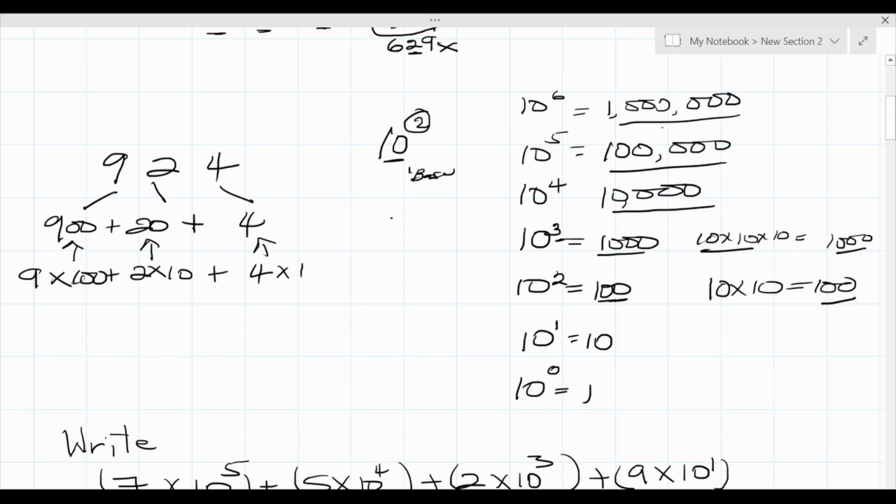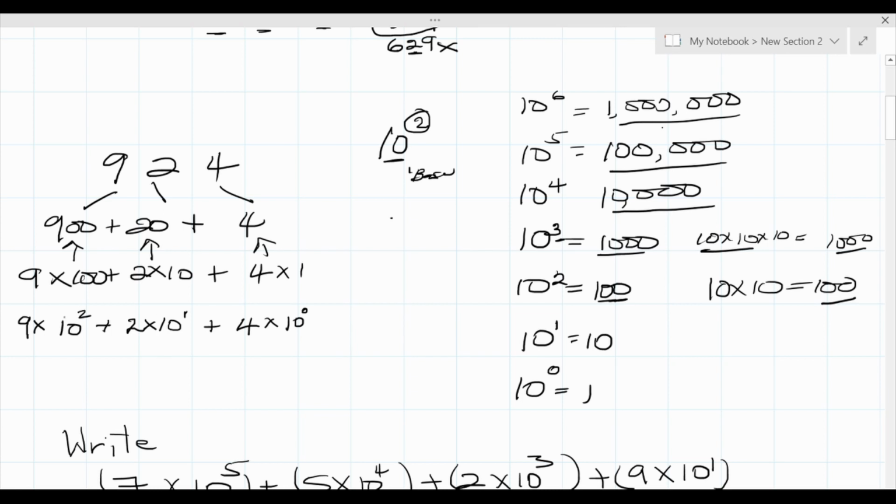So let's look now back at what we have. This would really be 9 times, what's 100? This would be 10 to the second power, or 10 squared, plus 2 times what? 10. So 10 would be 10 to the what? First power, plus 4 times 10 to the 0 power.